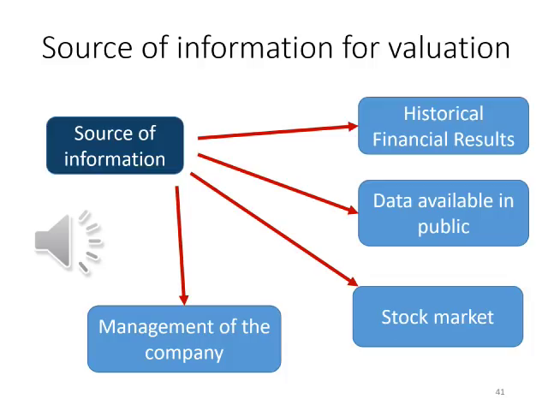Two, data available in the public domain, published newspaper articles, magazine articles, announcements, things that can be Googled. Thirdly, the stock market, looking at comparable companies in the stock market, looking at trading levels in the stock market. And fourthly, the management of the company, sitting down and talking to management and getting information from them. So, 4 major sources of information.